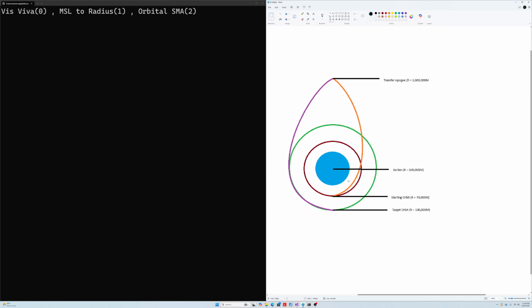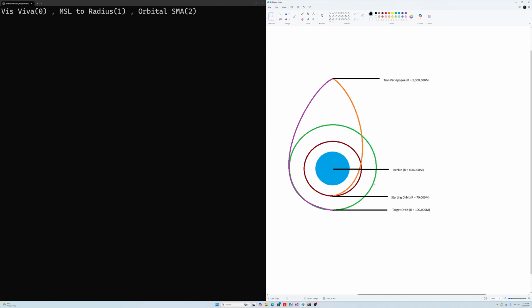The specific reason I've plotted these orbits by their mean sea level altitude instead of their semi-major axis altitude is because in Kerbal Space Program, your altitude readout is provided in meters above mean sea level. So this will more or less serve as part of an exercise to convert mean sea level altitude into semi-major axis.